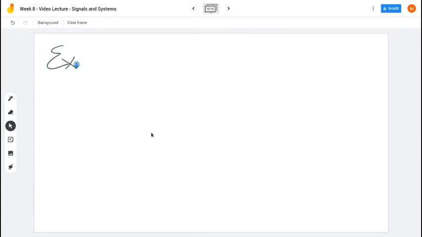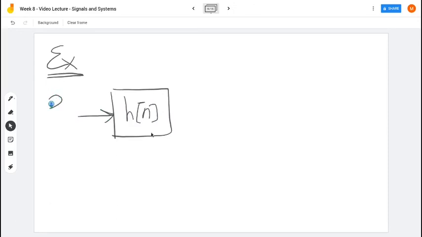So basically we have an LTI system whose impulse response is h of n, and of course as usual the input is x of n and the output is y of n.